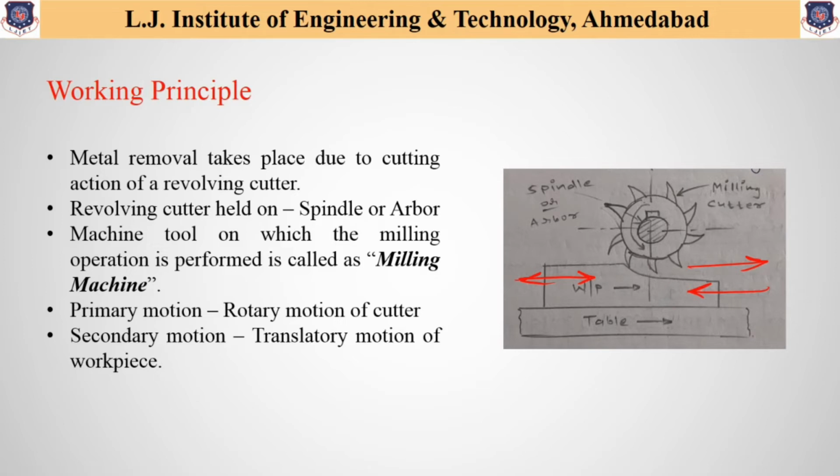So these are the basic details about working principle of milling machine. And in practical life, many milling machines are available, so they are classified in many ways. Some of them we will classify in our further lectures.